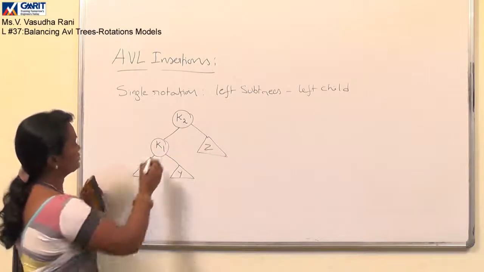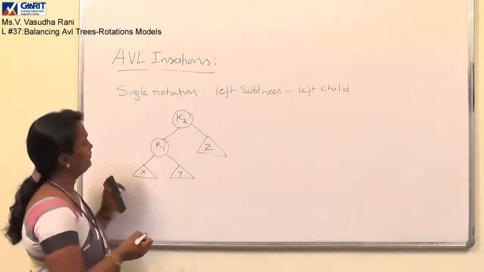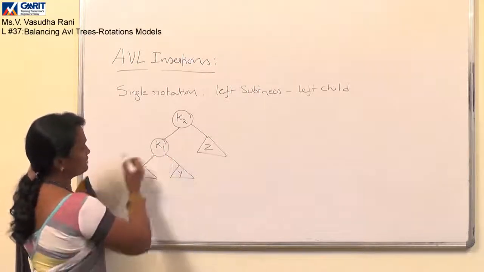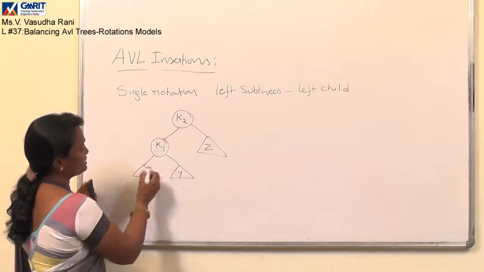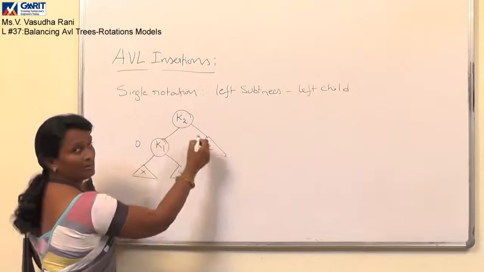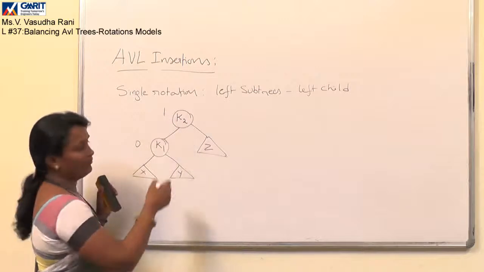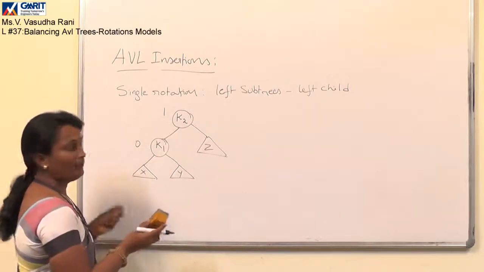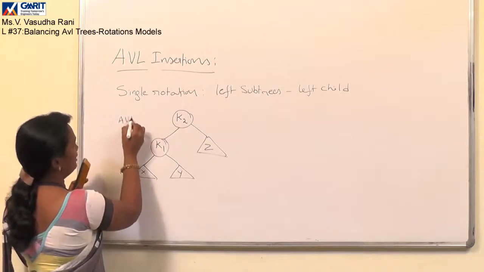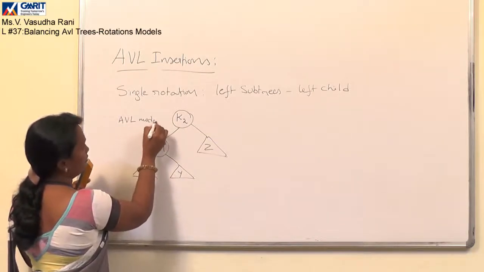If you consider this particular example tree, here it is satisfying the balanced condition or balance factor property. K1 is having 0 and K2 is having 1. So everywhere it is satisfying the balanced condition of the AVL tree. So this is one AVL model.